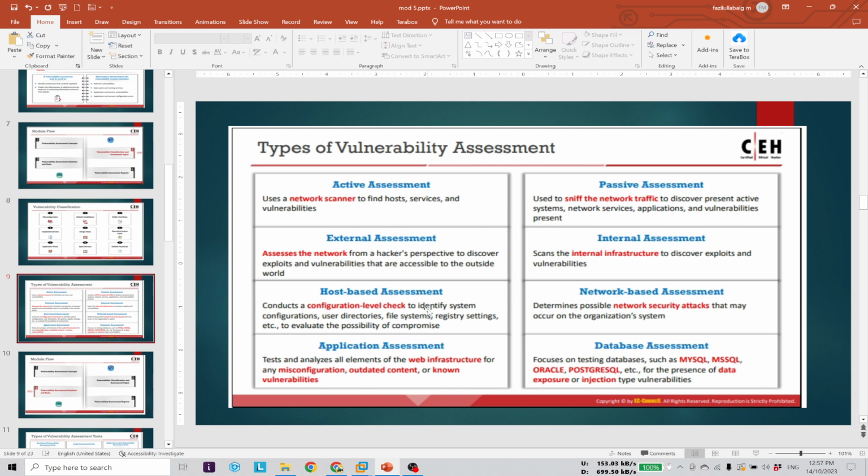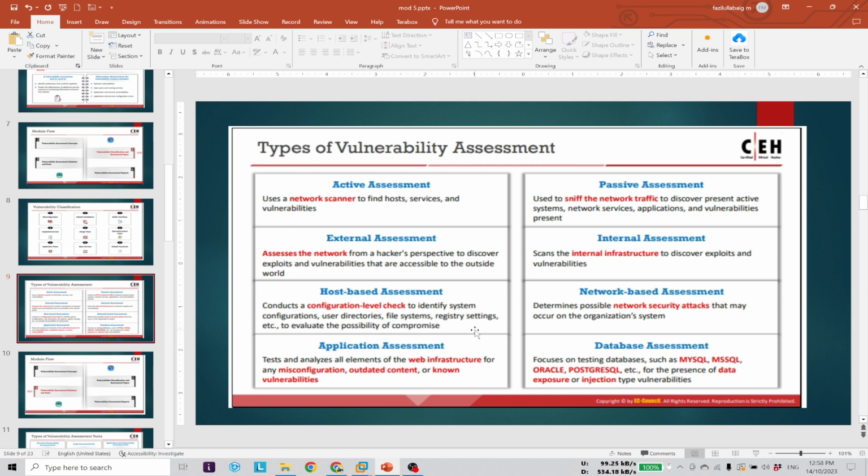What is host based assessment? Host based assessment is nothing but conducting a configuration level check to identify system configurations. Here we are talking about a particular operating system. As I told you before in an example, my laptop A has Windows 10 and laptop B has Windows 11, so they have different operating systems, and different operating systems come with different vulnerabilities.